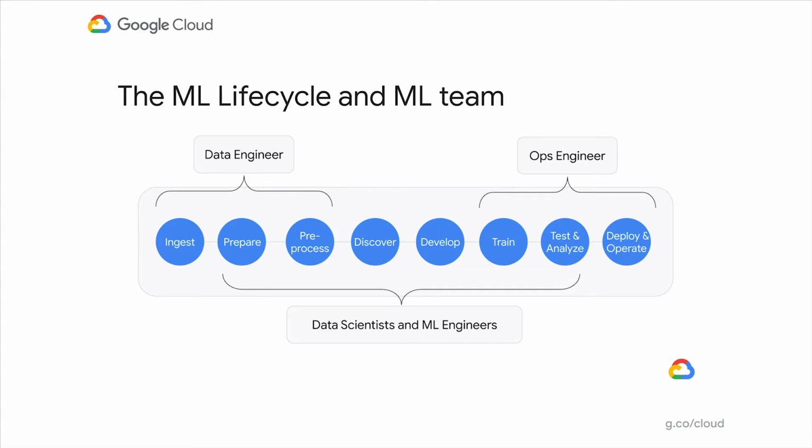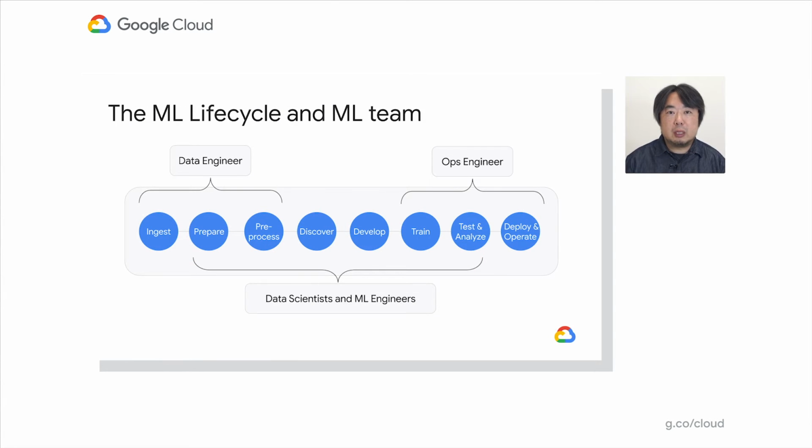For example, a data engineer can be responsible for ingesting the data from the data warehouse and applying some pre-processing against that, whereas data scientists and ML engineers can be responsible for training the model, designing the machine learning model, getting higher accuracy, and pushing the trained model into the system. And then an ops engineer or ML engineer can be responsible for designing the scalable and continuous training and prediction system.